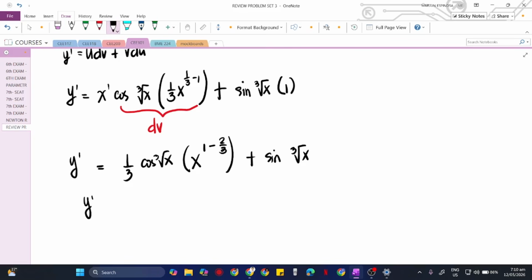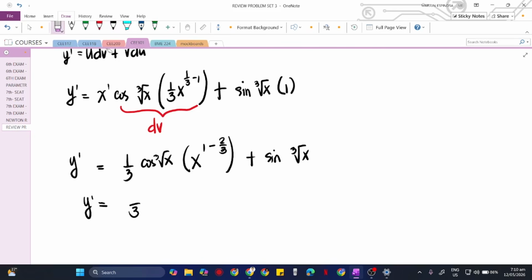Okay, simplify pa natin further. Itong 1 minus 2/3, the same thing lang yan sa 1/3. So, therefore, yung sagot natin would become, kasi itong 1 magiging 3 divide 3, no? Or simply 1.